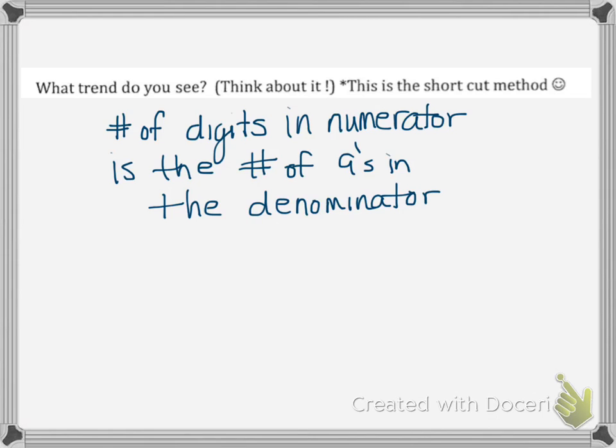Looking back above, like 3/9, 1 digit in the numerator, 1 nine in the denominator. Or when we had 13/99, 2 digits in the numerator, 2 9s in the denominator, so that's 2 digits repeating.